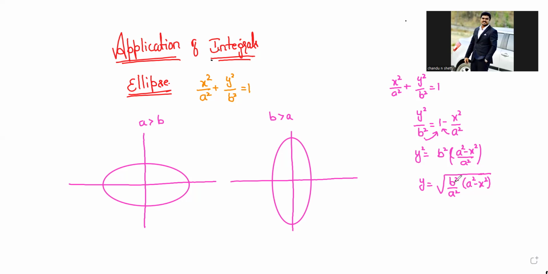So this b by a, you should take it out from the square root. So when you are taking b by a, the square and root is cancelled, b by a square root of a square minus x square. So this one we can use when you are solving the problem.